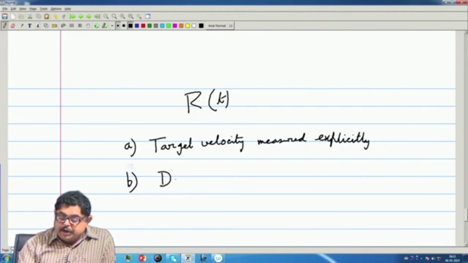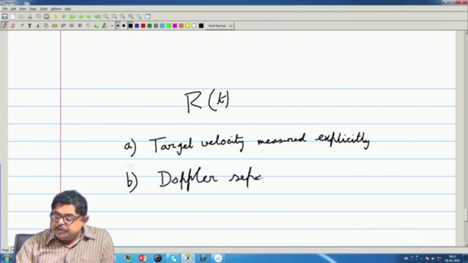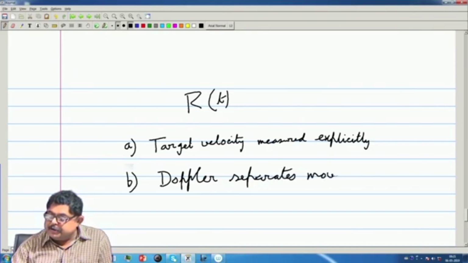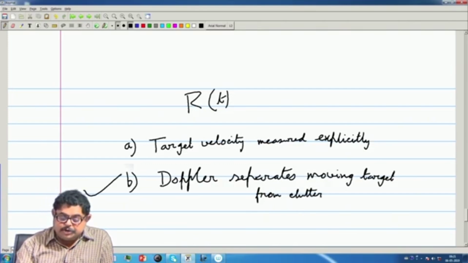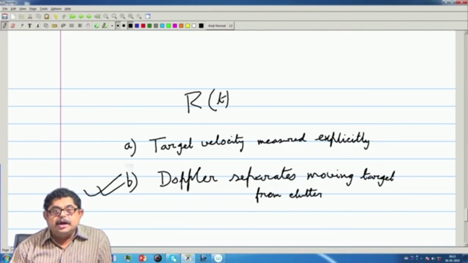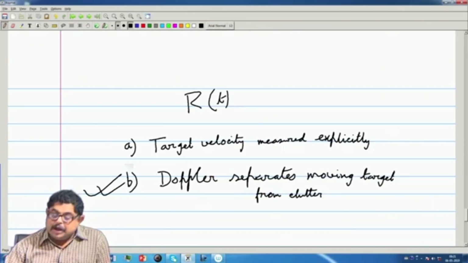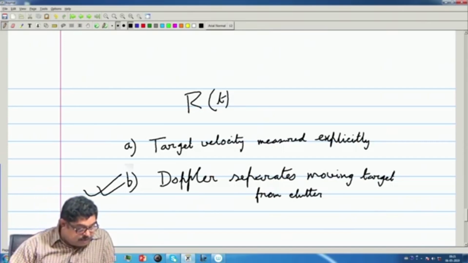Doppler separates the moving target from clutter. So, this is the most important part, that is why all pulse radars have a Doppler measurement capability.